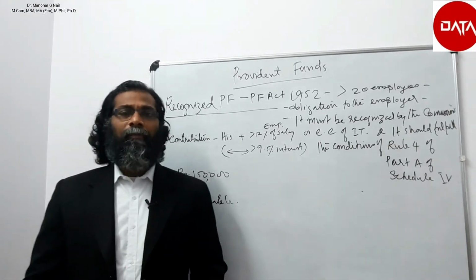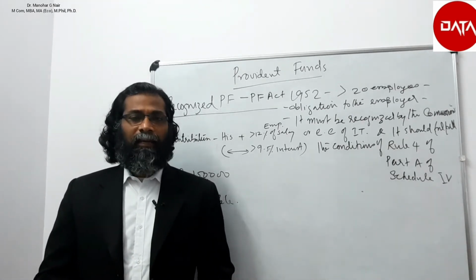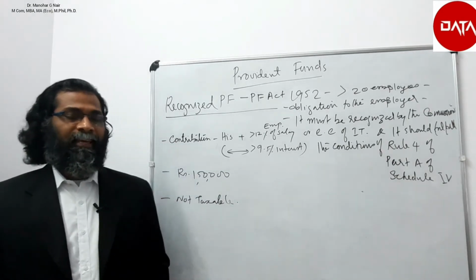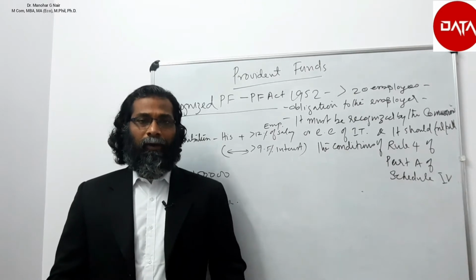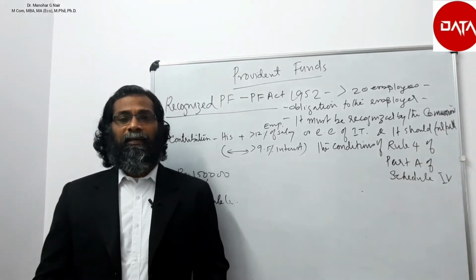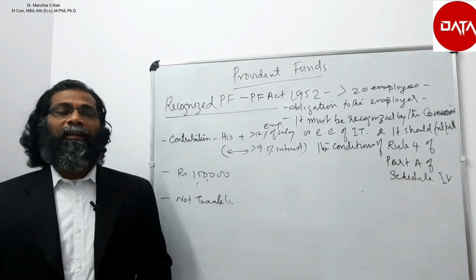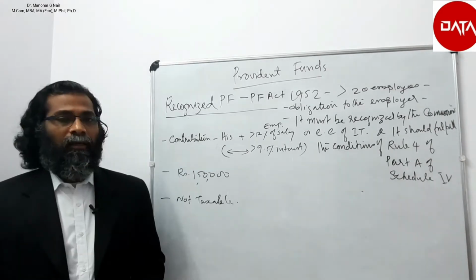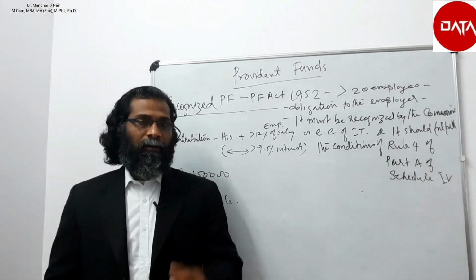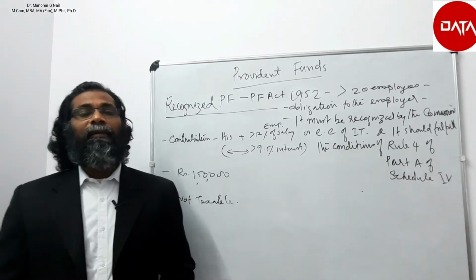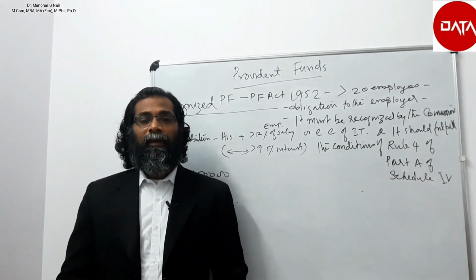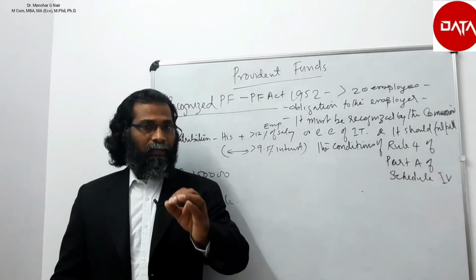The lump sum amount received at the time of retirement or cessation of employment is not taxable, provided the employee has served with the employer in continuous service of 5 years. If the employee has served 5 years continuously with that employer, the amount received from the Recognized Provident Fund is not taxable.